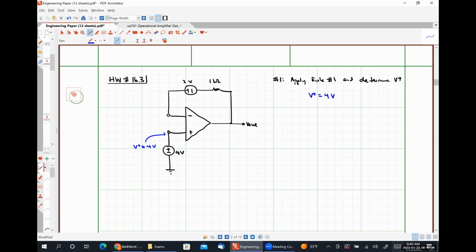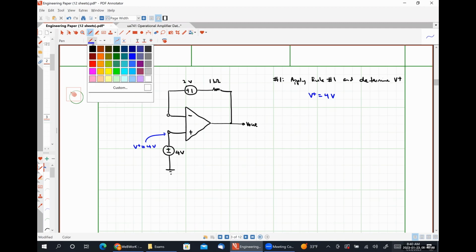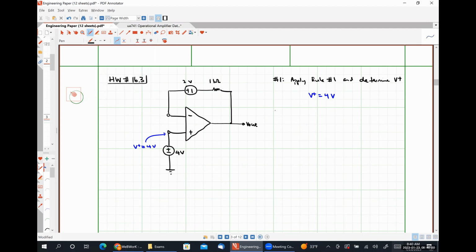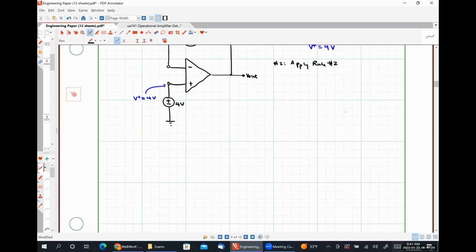All right. Our second step is to apply rule number 2. And here, instead of applying Kirchhoff's current law, we're going to apply Kirchhoff's voltage law.